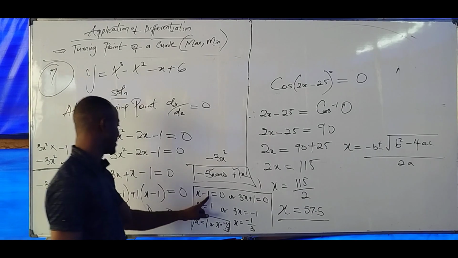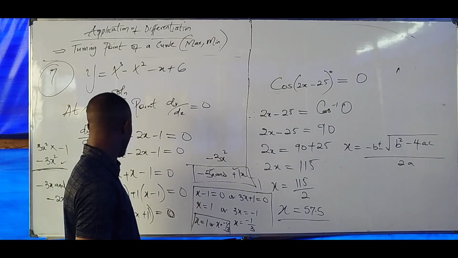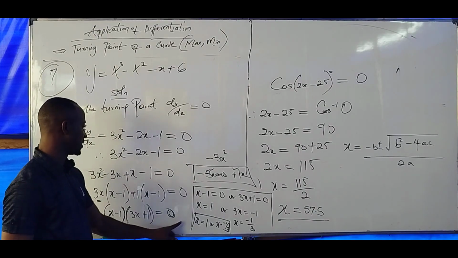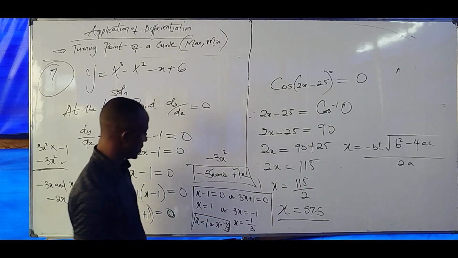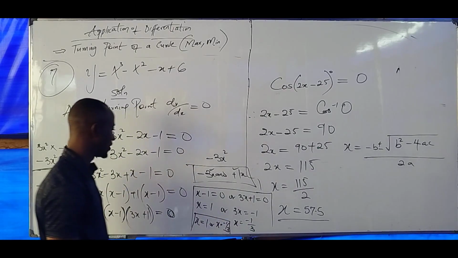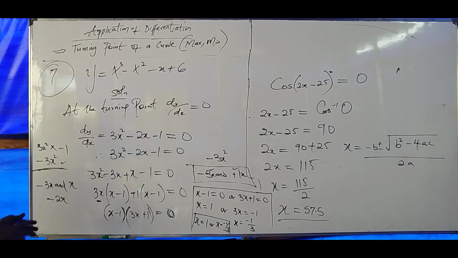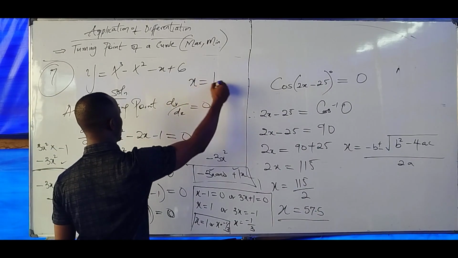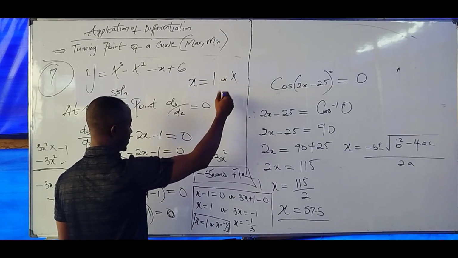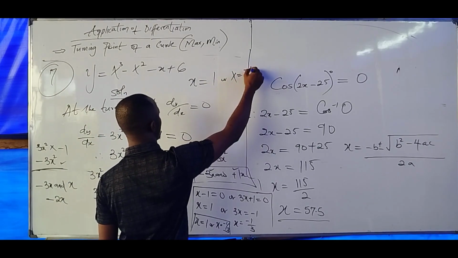Therefore, x minus 1 equals 0, or 3x plus 1 equals 0, which gives x equals 1, or x equals minus 1 over 3. So the value of x at the turning point is when x equals 1, or x equals minus 1 over 3.